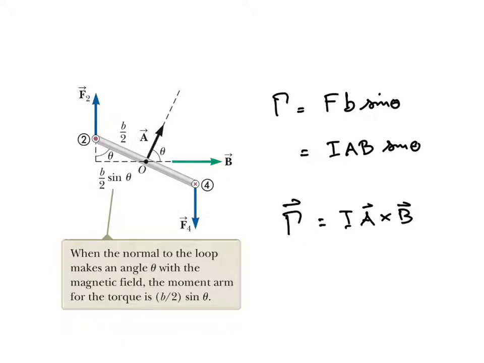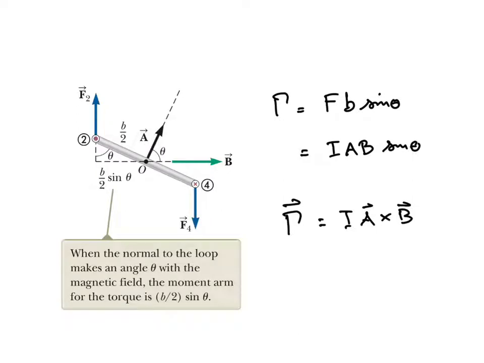We can also describe the angle theta by defining a vector. We will talk about this soon. We define a vector perpendicular to the plane of the loop as A, and the direction of A follows the right hand rule.